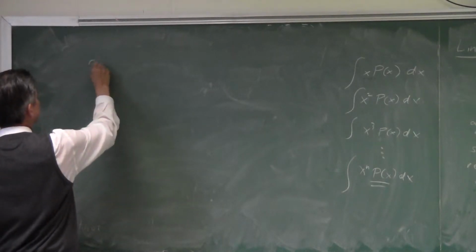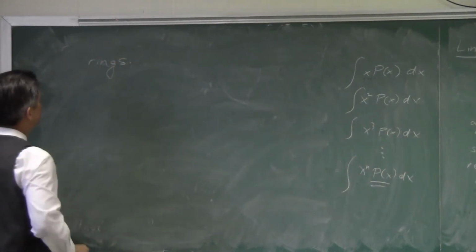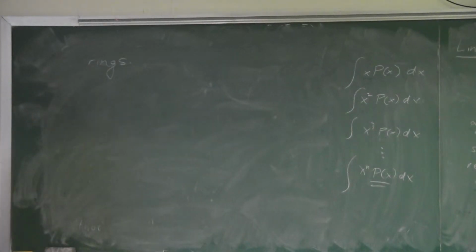Things like rings. Rings are objects that are closed under addition and multiplication. Integers form a ring because if you multiply two integers, you get integers. If you add two integers, you get integers. Okay.